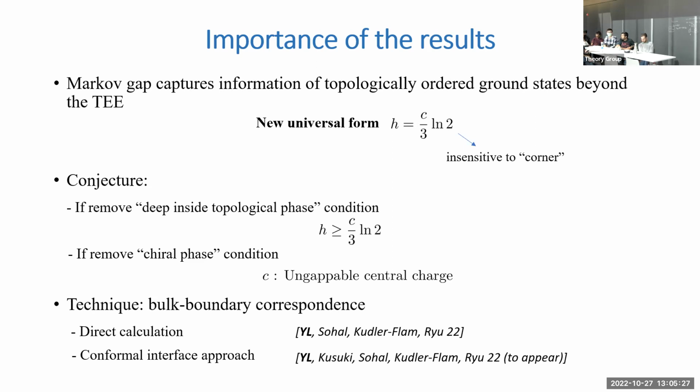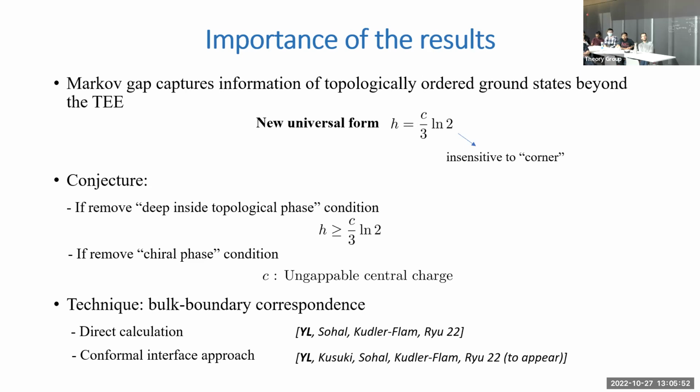So that's the part that I'm finding confusing. I understand that there's a sequence of obstructions that prevent gapping the boundary, but I don't understand how to formulate that as a single number. Yeah, maybe we can talk about that later.